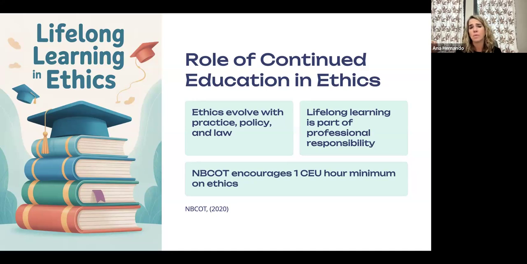We must become lifelong learners in ethics, not just ADLs, not just shoulder mobility, not just electrical stimulation, not just physical agents or modalities, not just hip precautions or fall precautions. We must continue to do lifelong learning in ethics.